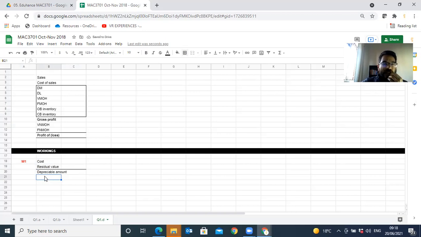So the way you use the straight line method, you say cost price minus the residual value gives you the depreciable amount. You take the depreciable amount and you divide it by the useful life. Once you do that, you will get your annual depreciation.